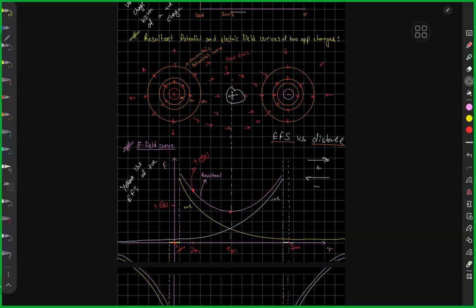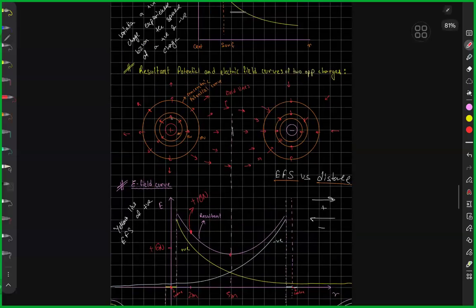And why is it minimum, if you want to understand intuitively? Basically, the reason the force is minimum right at the center is simple. The separation from the positive charge is maximum and the separation from the negative charge is also maximum.